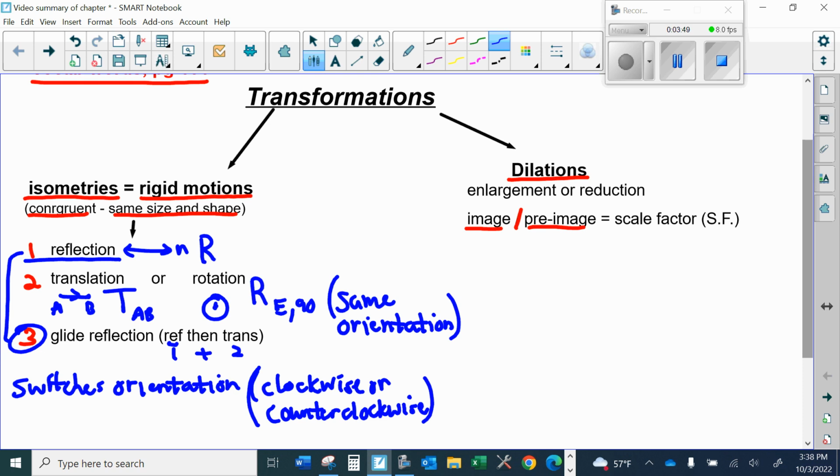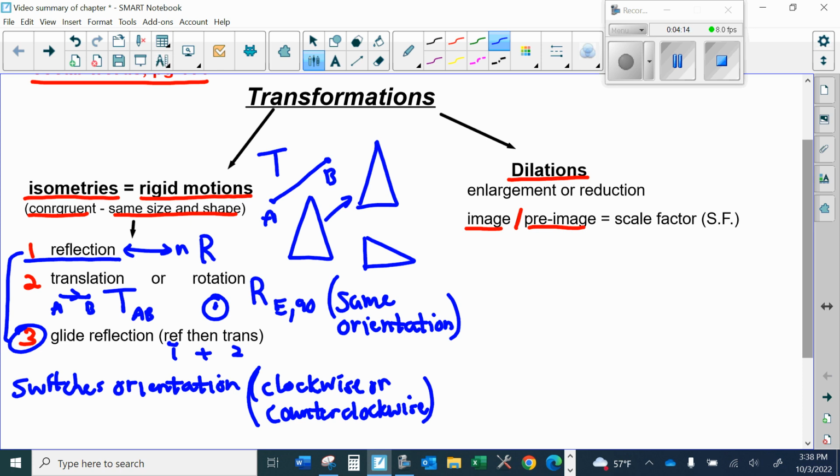Remember, with a translation, the shape would look exactly the same, just shifted or slid. Versus a rotation, where the whole figure would rotate. So if it looks the same, that'd be like a translation, for example, of A to B. So it went up in that direction the exact same amount.